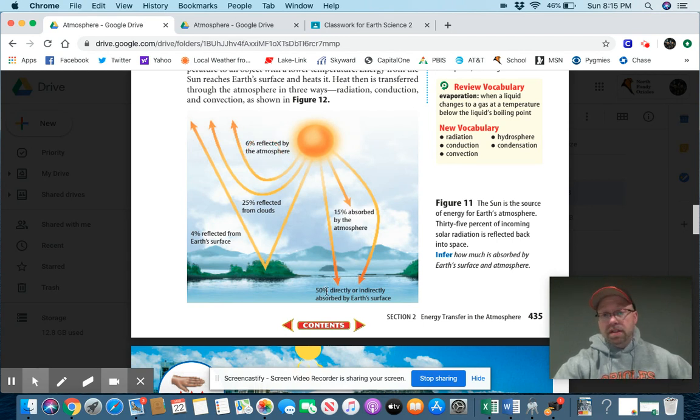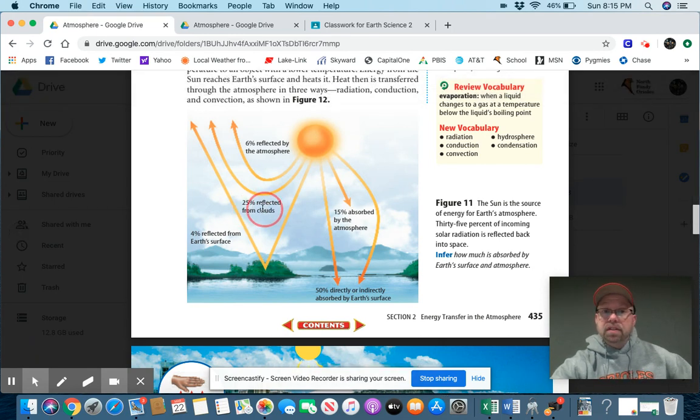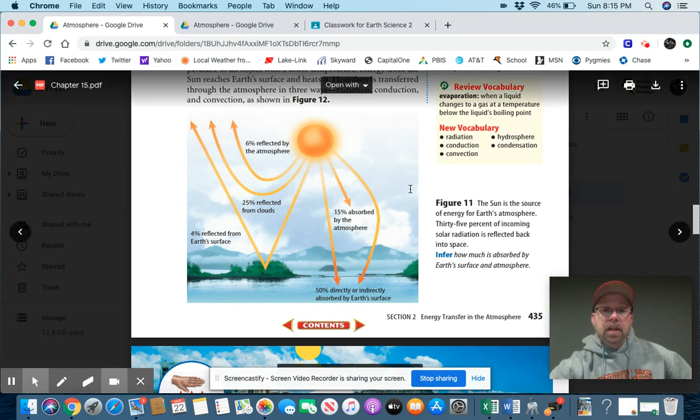Doesn't heat the Earth, doesn't heat the water, none of it. Furthermore, 25% of the sun's energy is reflected from the clouds. It hits the clouds, there's ice and water droplets in those clouds. That's what a cloud is. We'll get to that down the road. Reflects it right back into space.